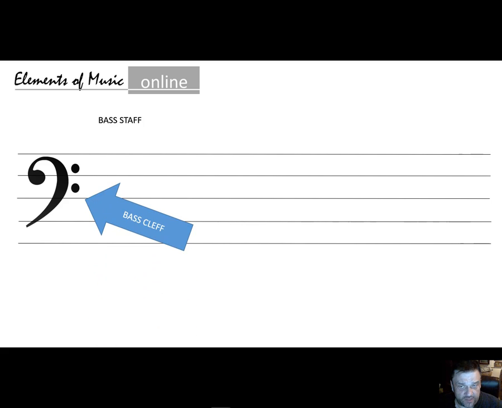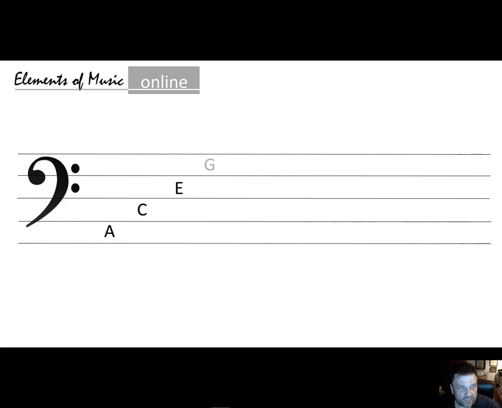But this is the bass clef, and just like the treble clef, the bass clef has letter names associated with the lines and spaces. The spaces in the bass clef are A, C, E, and G, and of course they don't spell a word unless you want to pronounce it ASGA, which some people do.